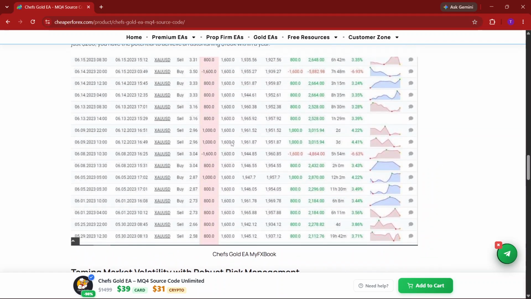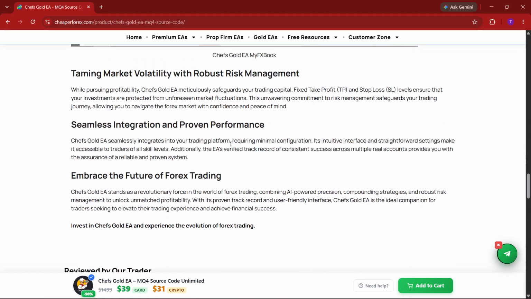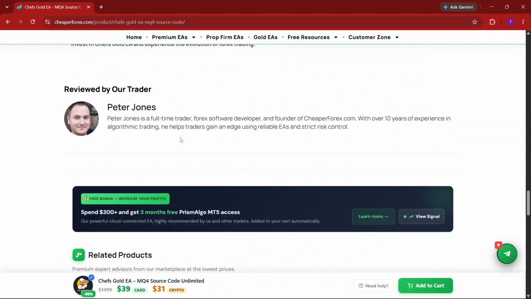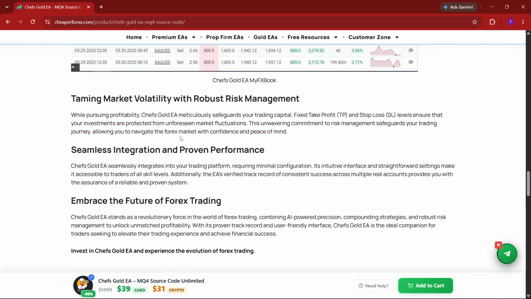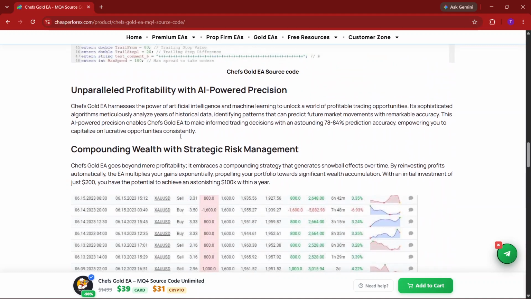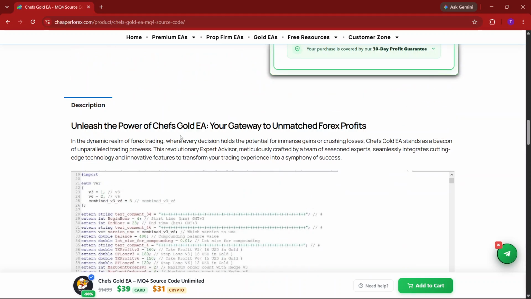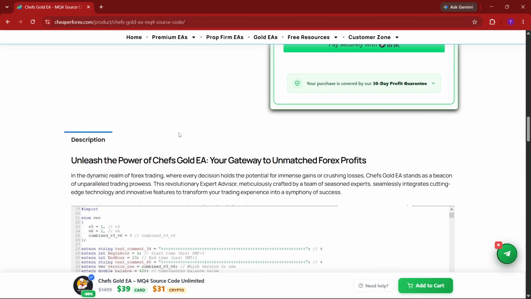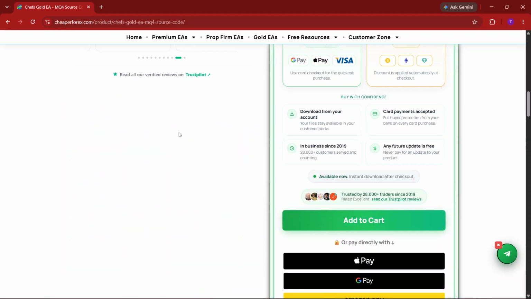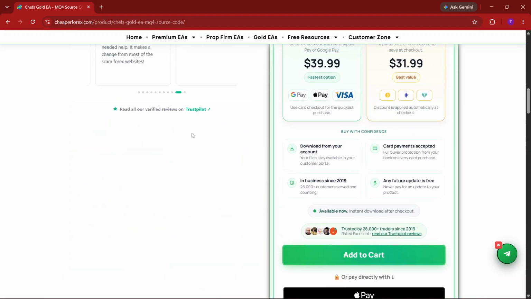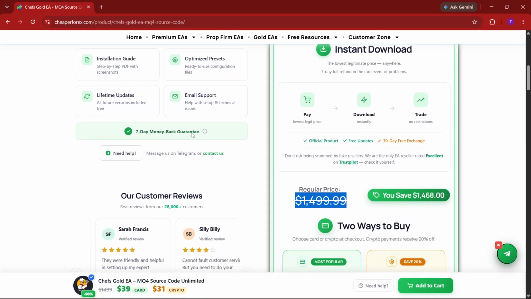Now, starting with the strategy claims. According to the developer, Chef Gold EA is powered by AI and machine learning that has analyzed years of historical data. They say it identifies specific candlestick patterns that have historically led to profitable moves, and when those same patterns appear in real time, the EA places the trade automatically.